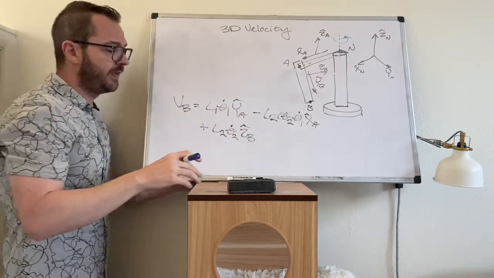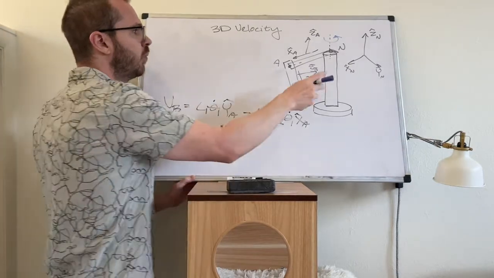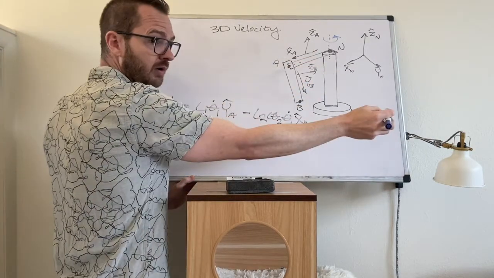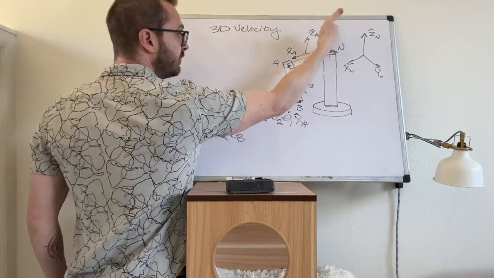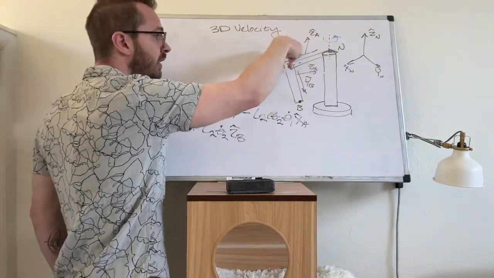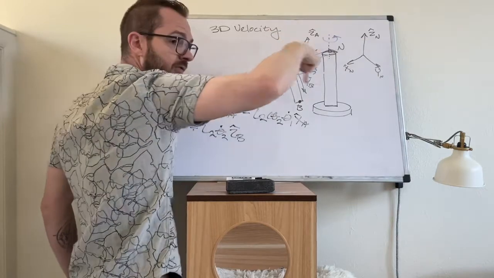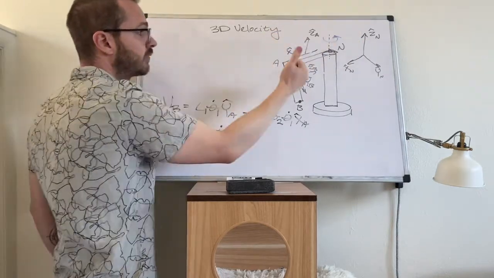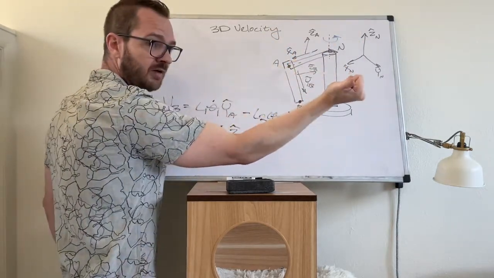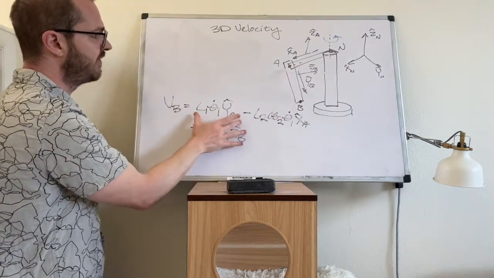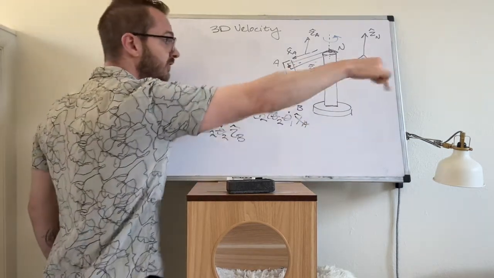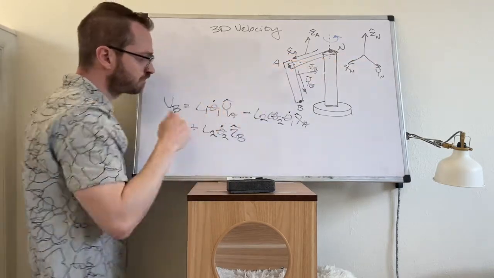Remember that YA is perpendicular to the XA. So imagine that you were spinning around the vertical axis. That means point A here is tracking the path of a circle, and the instantaneous velocity is perpendicular to that path. So this L1 theta 1 dot YA is the velocity of A, and it's just pointing off that way.